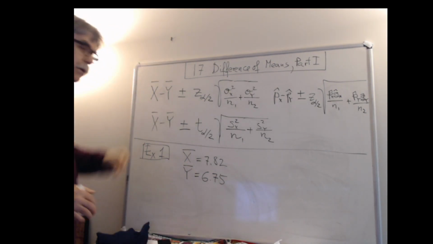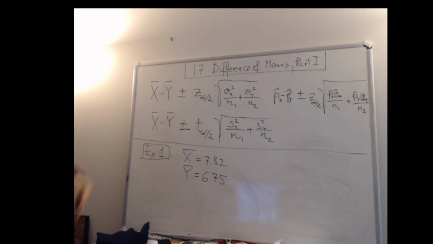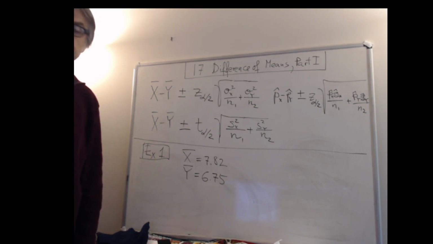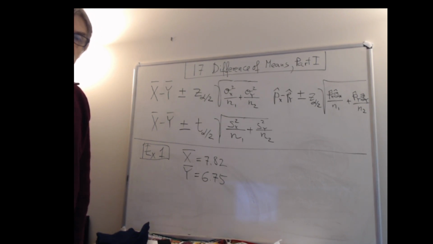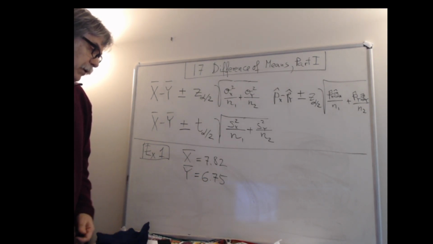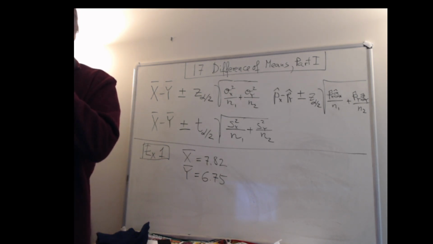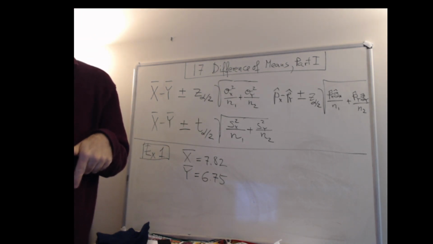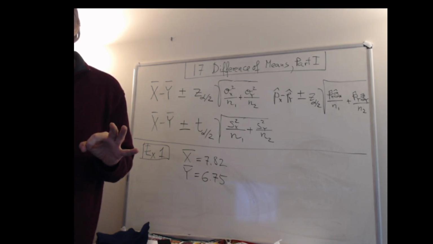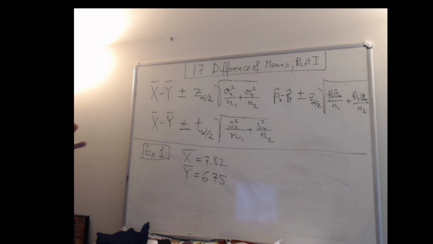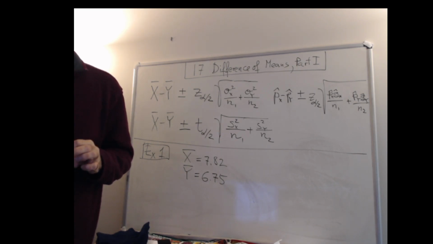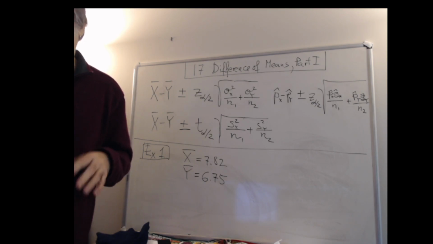So there were 100 of them, all of them taking this old type of sleeping pill, and on average they were sleeping 6.75. But of course, not everybody was sleeping that amount of hours, so there were variations. So we also got that in the first group, the population standard deviation was 0.24.